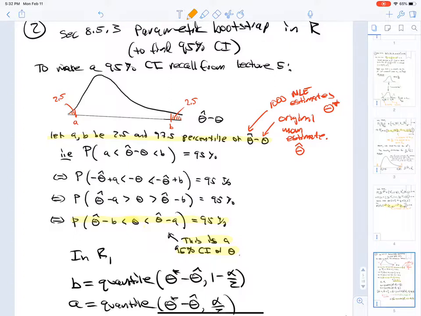So theta star minus theta hat is an approximate sampling distribution for what's really theta hat minus theta.